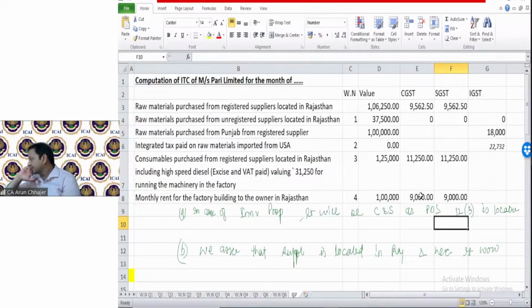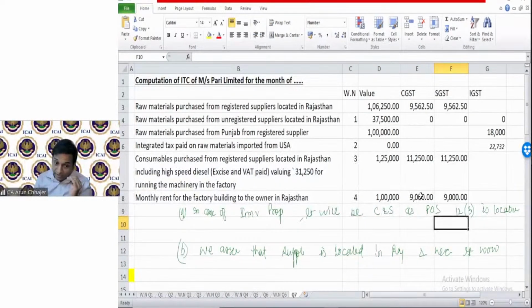Give me the answer, sir. I am waiting for your reply. Option A: in case of immovable property, it will always be CGST and SGST because the place of the property will be the place of supply as per section 12 subsection 3.